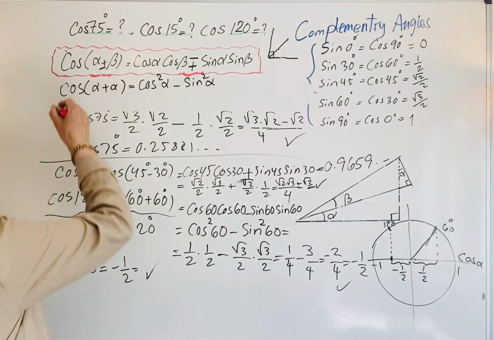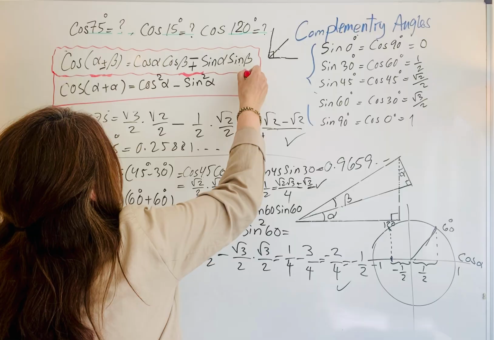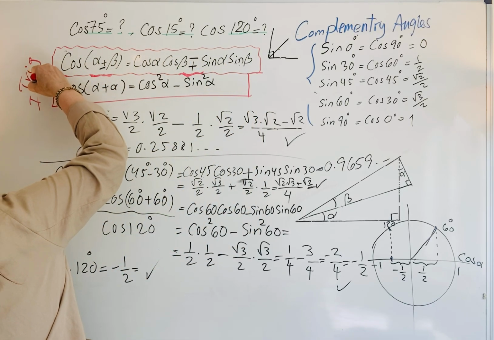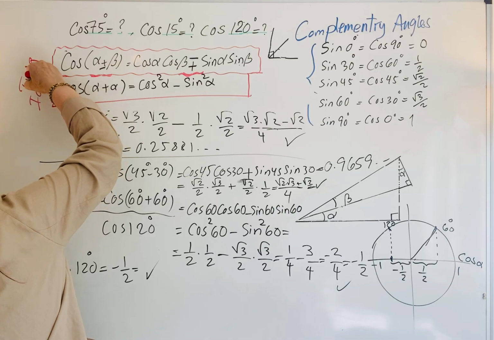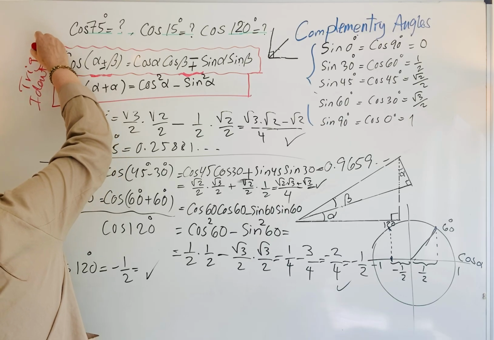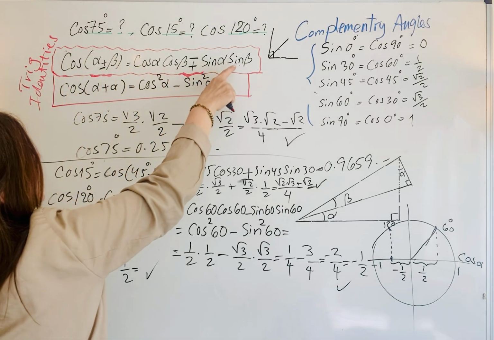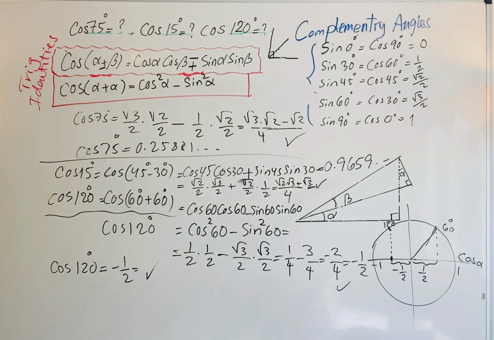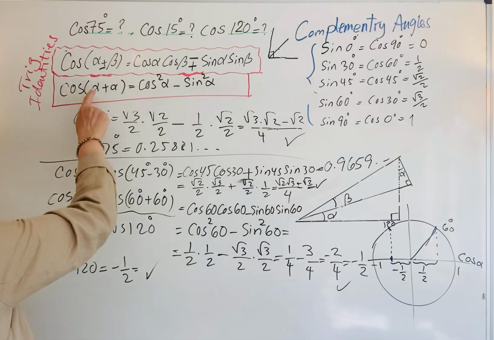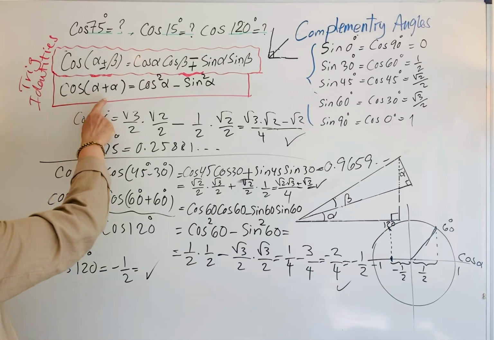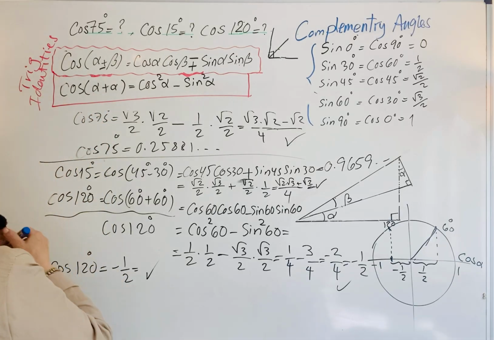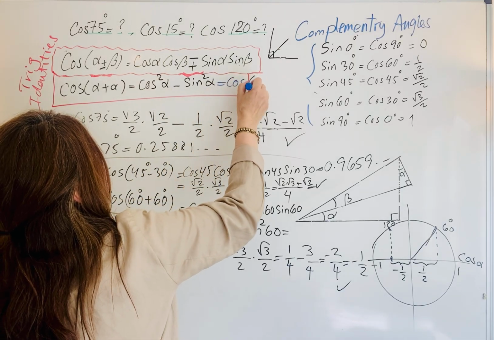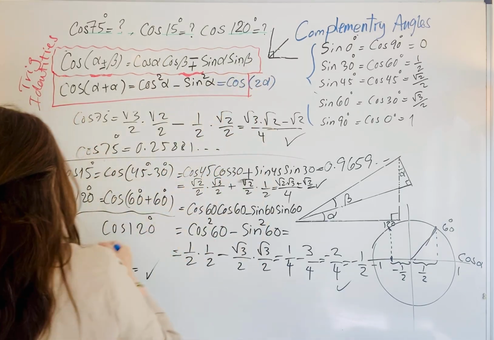We could find another trig identity. We call this a trig identity. Okay, this one we got. Good. If we call this the double angle, actually cosine of double angle 2 alpha.